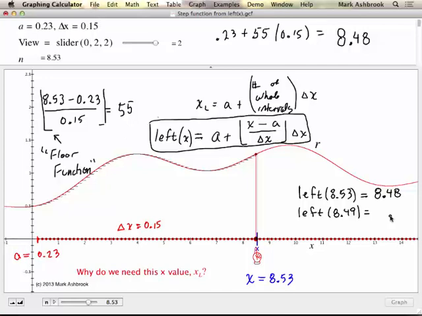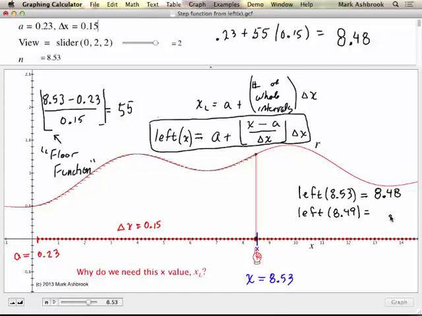So I want you to answer that question, and then I want you to discuss what is the input into the left function, and what is the output of the left function. What's the input? First answer this. What is left of 8.49? And then generically, what is the input into left?